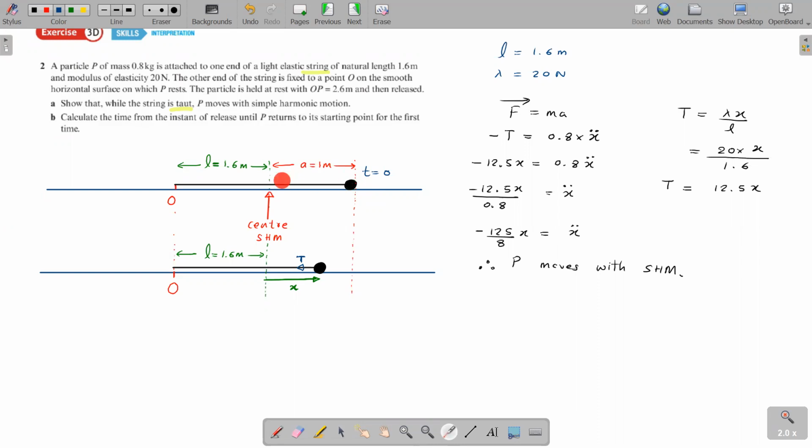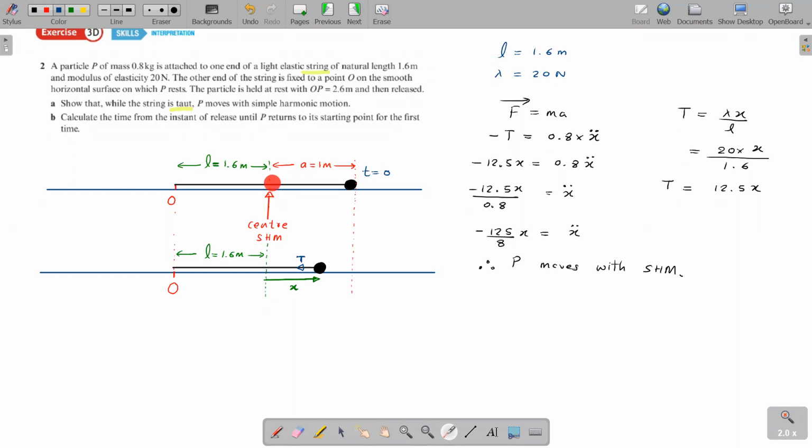The string is taut, the string is beyond the natural length, so that's perfectly fine. But look, what happens when you reach the natural length? The moment you reach the natural length, since this is a string, not a spring, the string becomes slack, which means what?